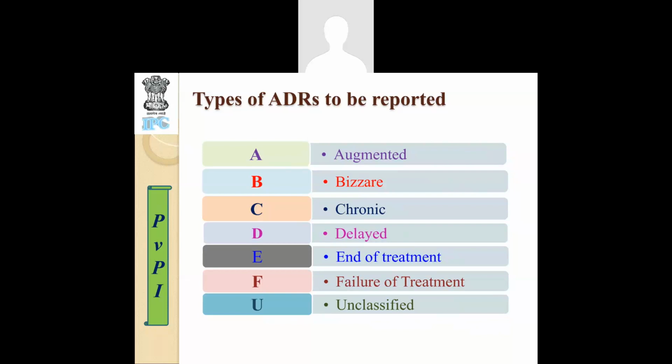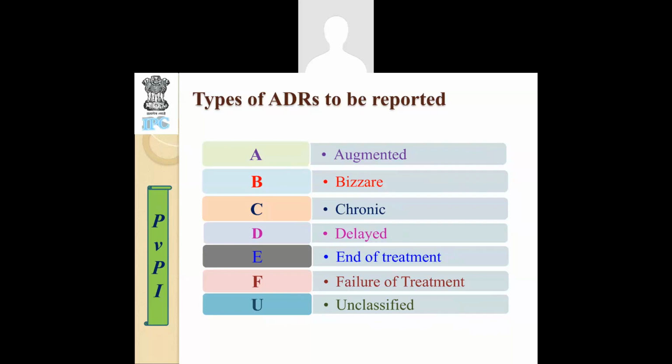That is one example of end of treatment. And F is failure of treatment. Some individuals may develop resistance to antibiotics, so the antibiotics may not be effective in some patients, as their body produces resistance to that particular antibiotic. That is failure of treatment. If any adverse drug reaction does not fit into the above five categories, you can make it an unclassified type of adverse drug reaction.